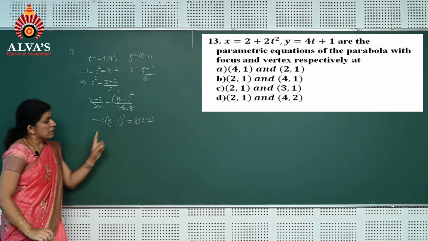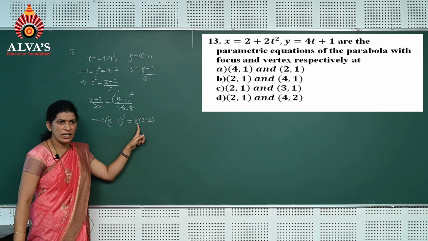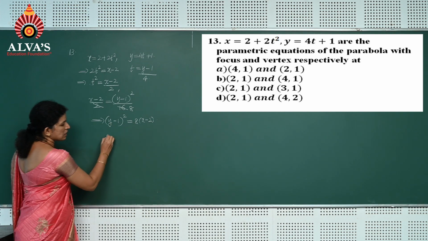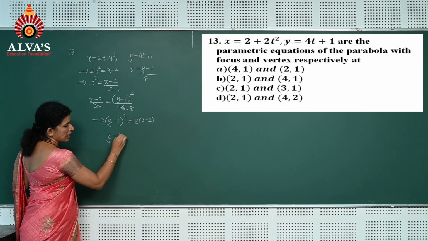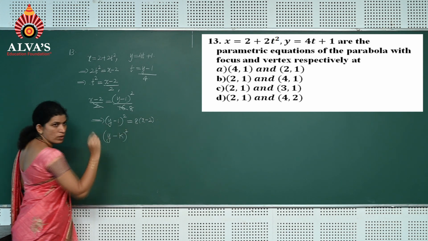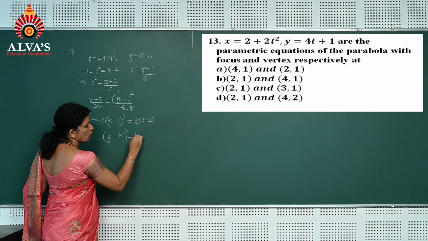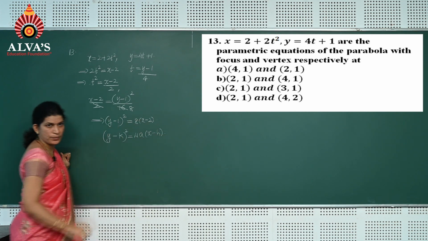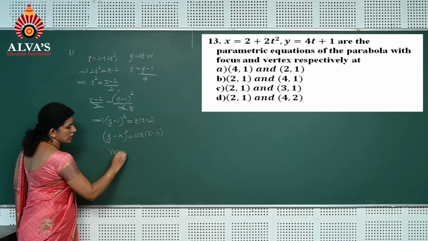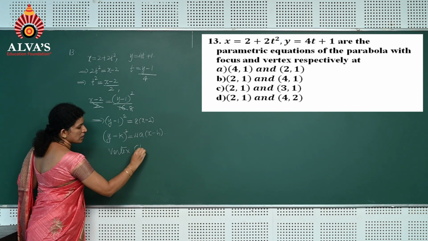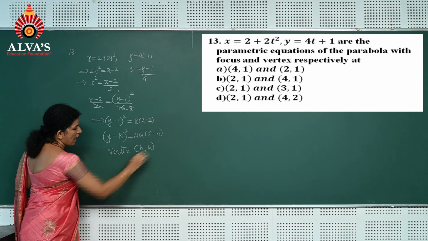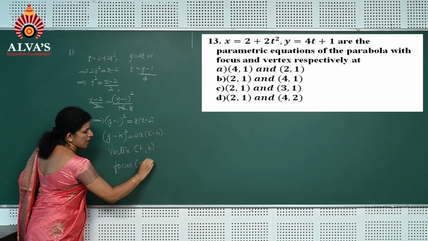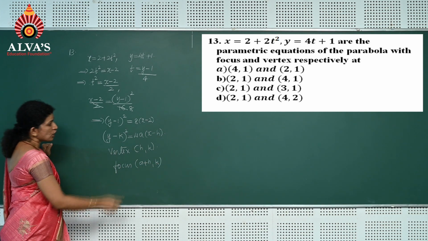Such an equation is referred to as the shifted equation of the parabola. The standard form is (y minus k) whole square equal to 4a into (x minus h), where the vertex is (h, k) and the focus is (a plus h, k).